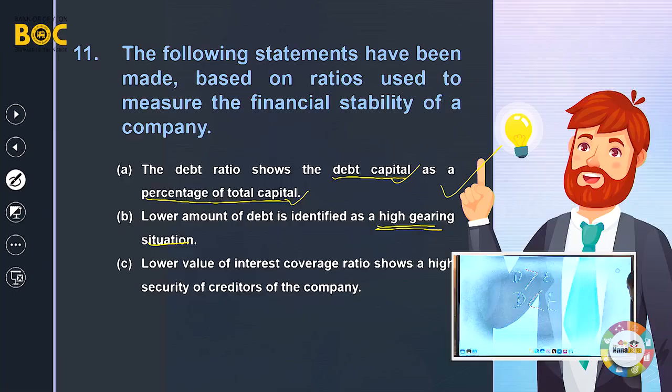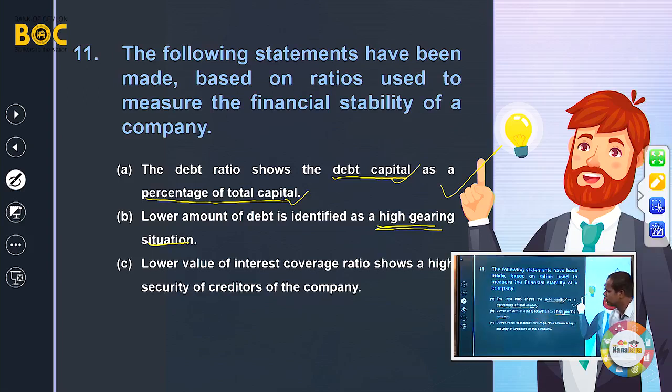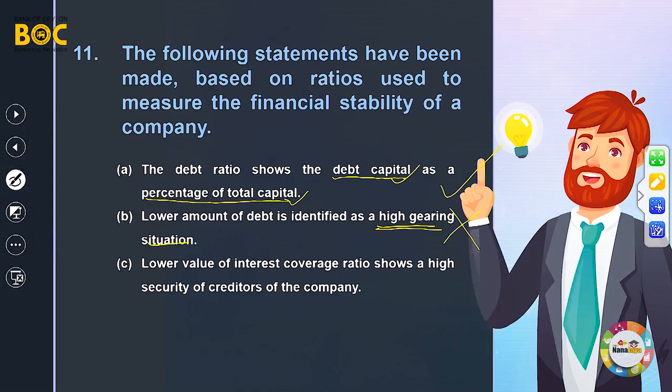So it is the other way around: a lower amount of debt is a low geared company. The statement B is incorrect. Low amount of debt, low geared. High amount of debt, high geared.